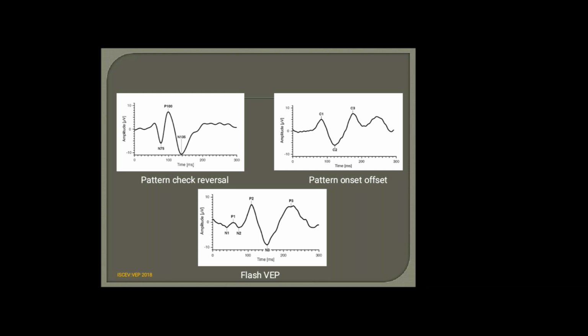It is targeting from no perception of light, to hand movement or inaccurate light projection, or counting fingers very close to the face. In those scenarios your flash VEP would be useful, because the patient cannot see. It is not justified to perform something by giving a target. So this test has its own limitations.